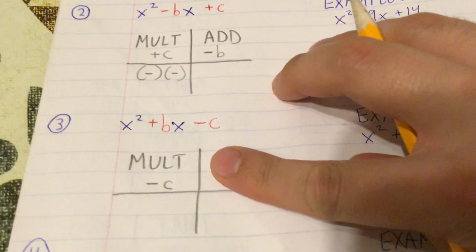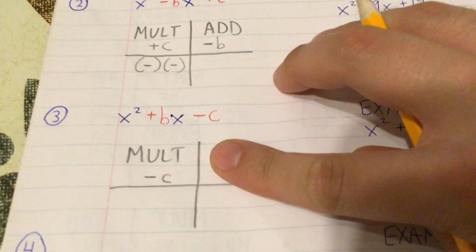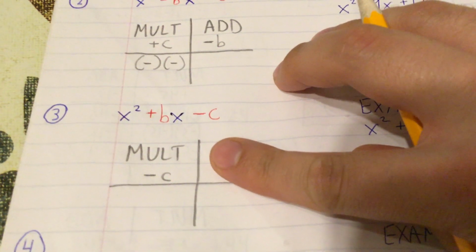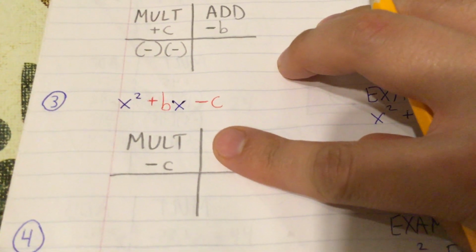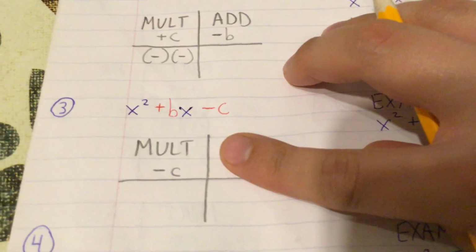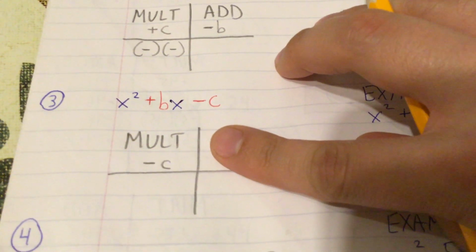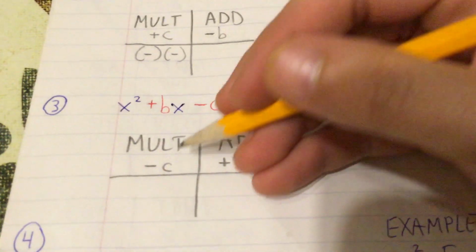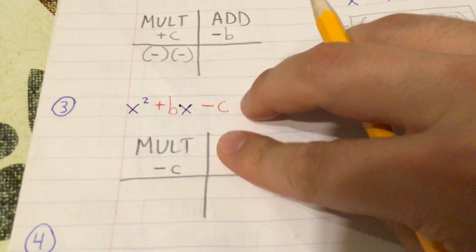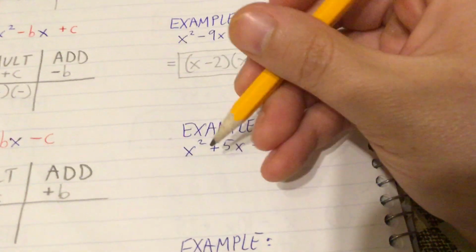If I multiply to get negative c, in other words, the 2 numbers multiply together and get a negative, well, positive times positive is positive. Negative times negative is positive. Therefore, positive times negative has to equal a negative. So in order to get through this, I'm going to show you an example over here.